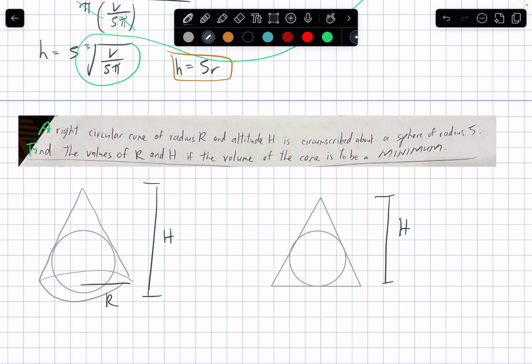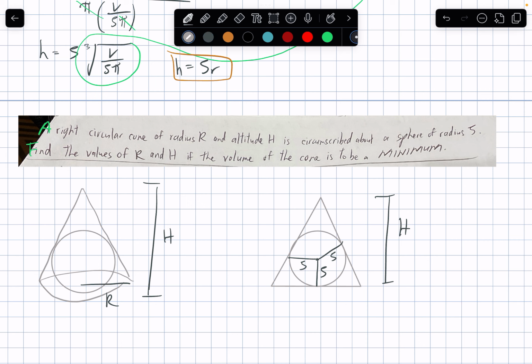What else? The radius of the sphere is said to be 5, right? So let's just say this is the radius, 5. Either way, from here to here, it's theoretically also 5, as well as here.